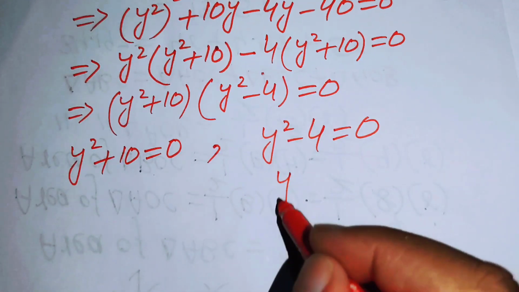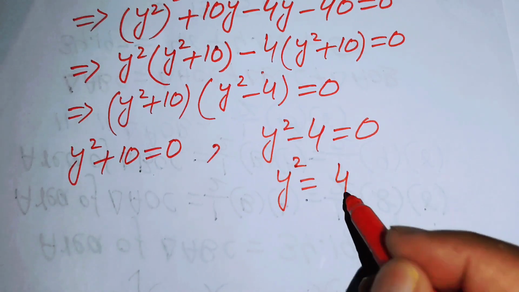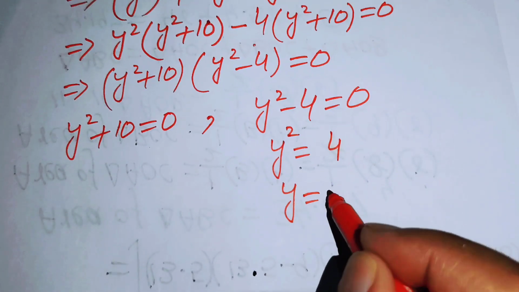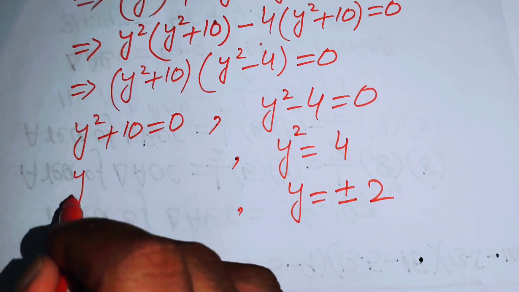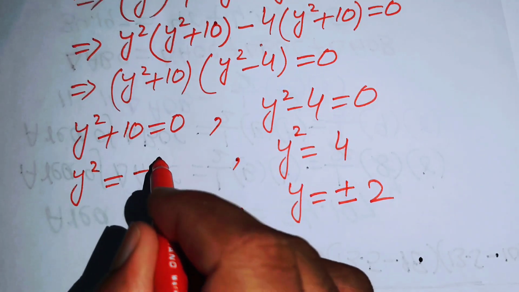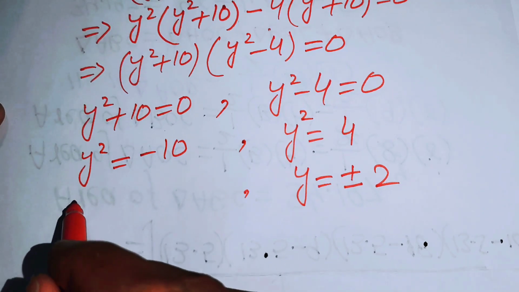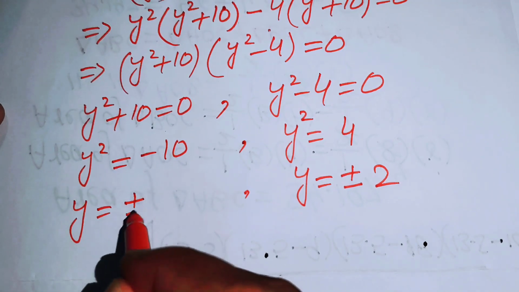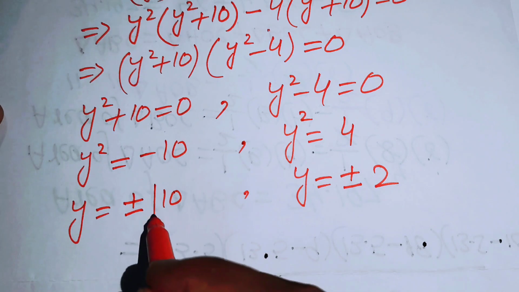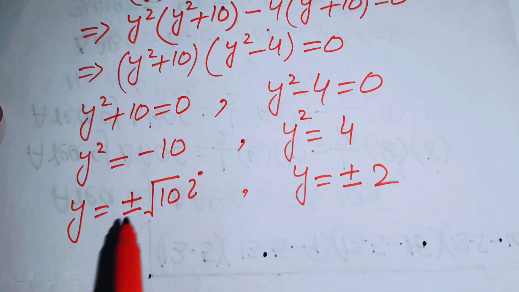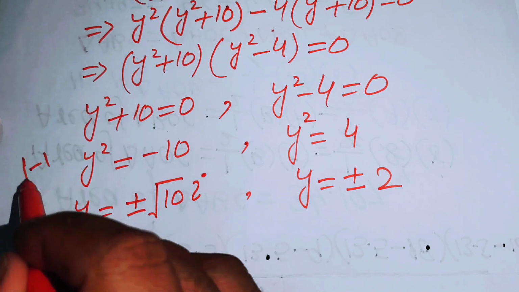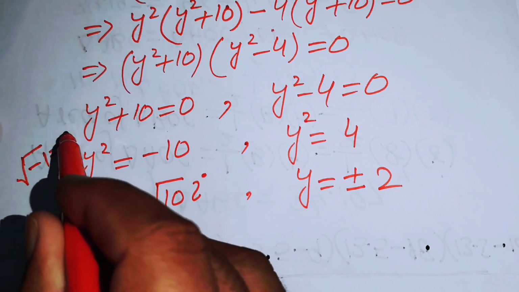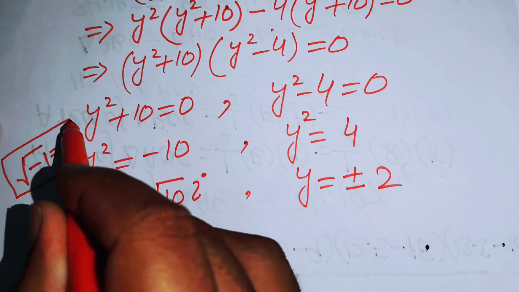Here you get y squared is equal to 4 and y is equal to plus minus 2. Similarly in the other case you get y squared is equal to minus 10, and when you take the square root on both sides you get plus minus square root of 10 iota, because you have a negative sign under the square root and you know that it is equal to iota.